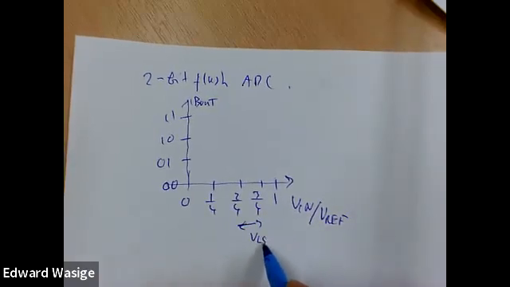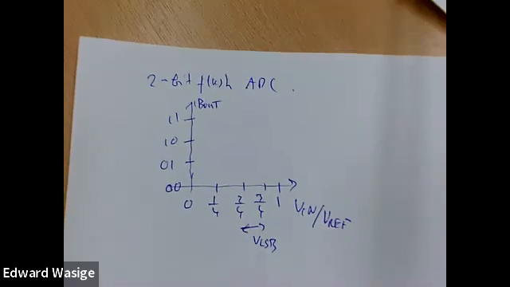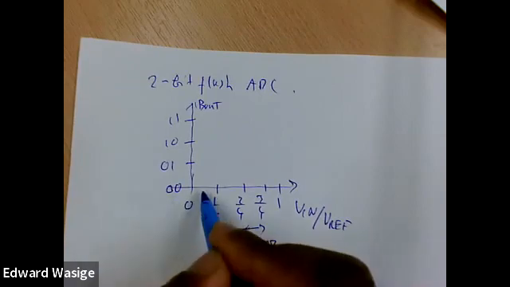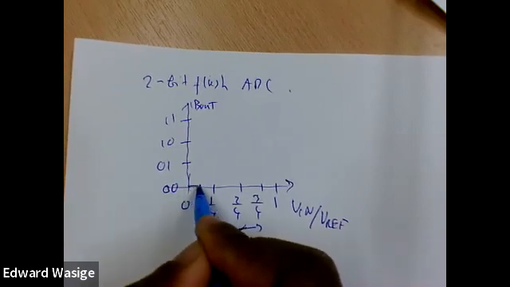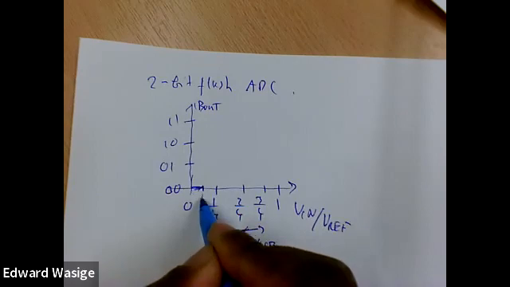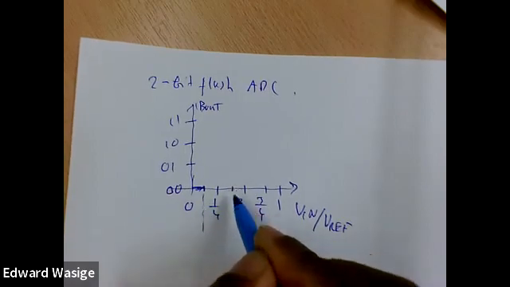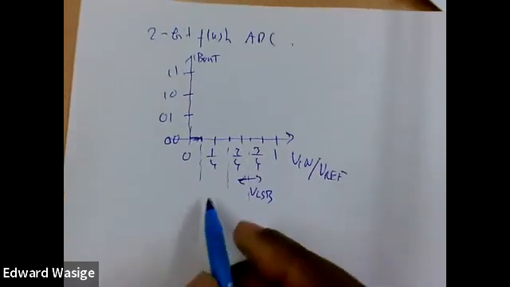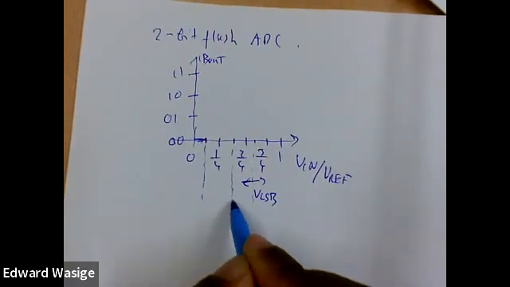That length is VLSB. So we want to generate, we know for the inputs in that range, and the inputs in that range, and the inputs in that range. Hope you can see that.